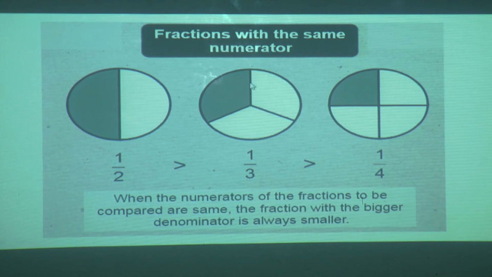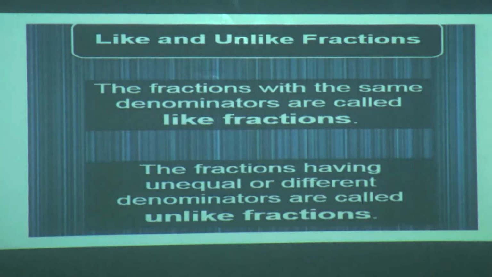I think everyone understood, because all the numerators are equal. You can try your own fractions and find the comparisons. I hope, my dear students, you understood how to compare fractions when the numerators are the same.